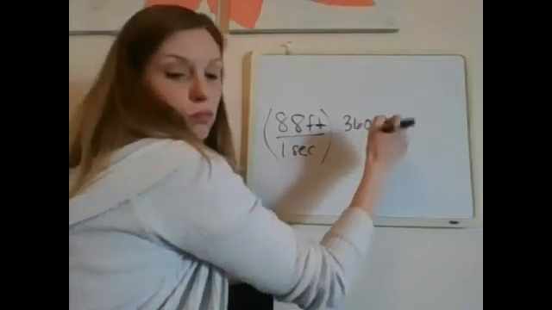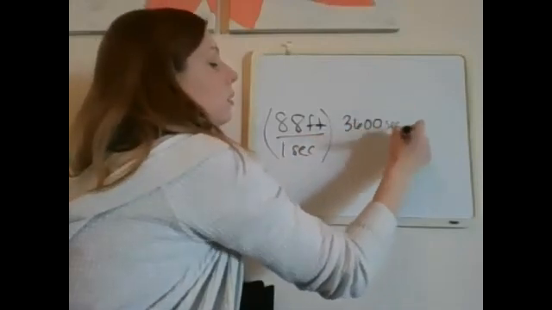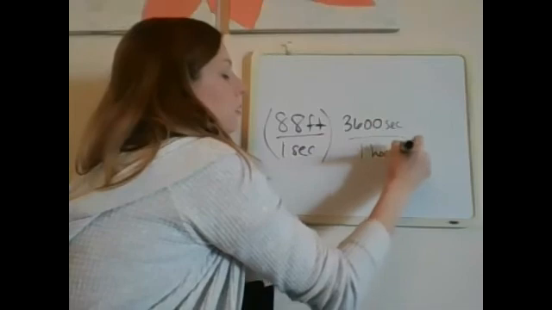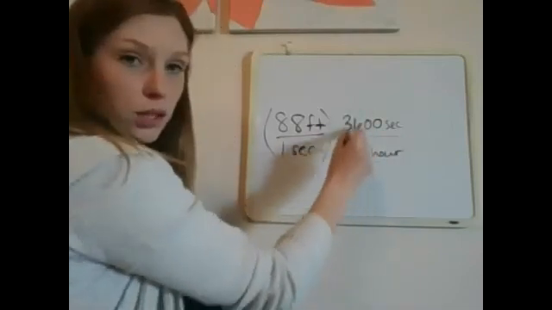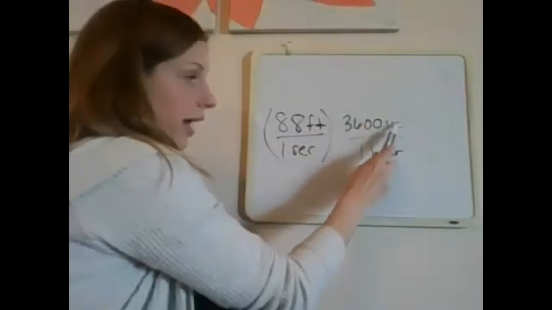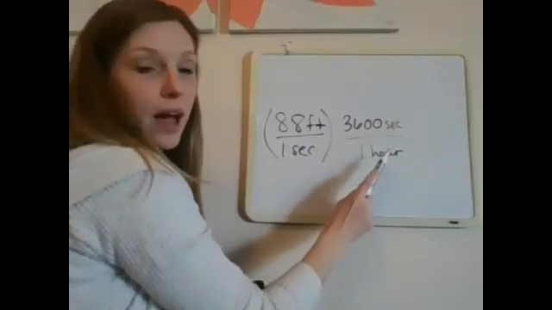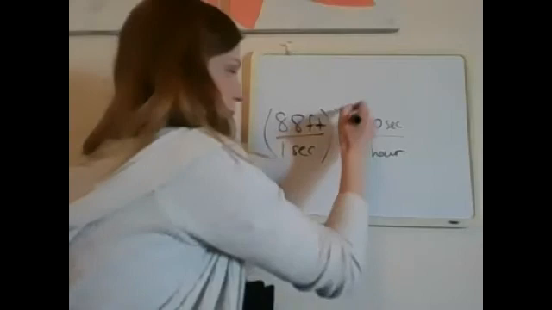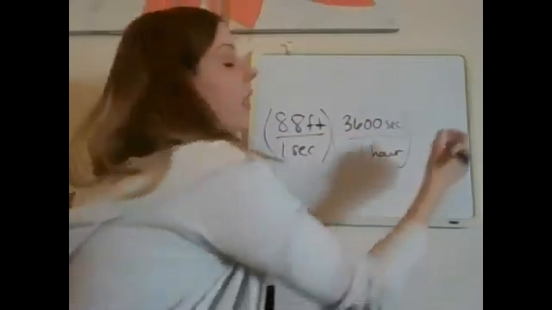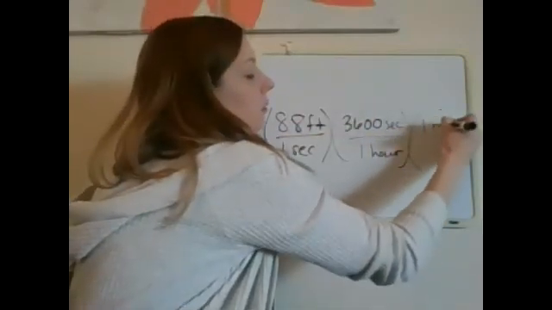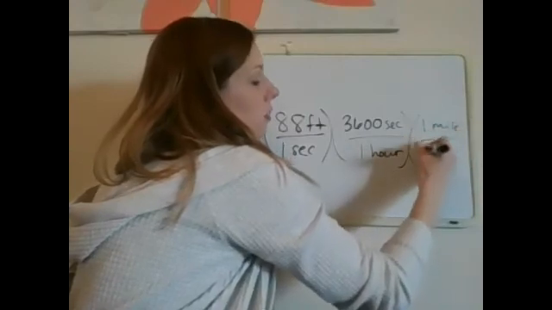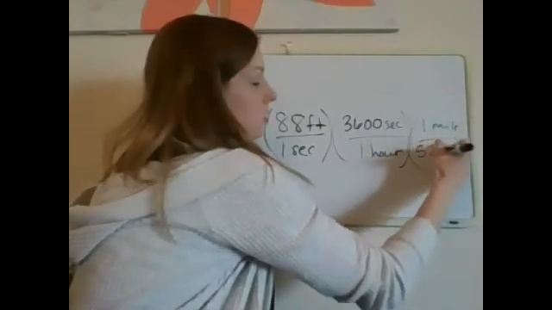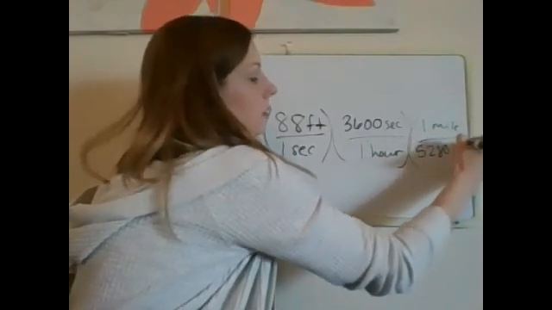3,600 seconds for 1 hour. These right here, this is a conversion factor because this is exactly how many seconds for every hour. These are equal, they're just in 2 different measurements. Okay, and then 1 mile per 5,280 feet.